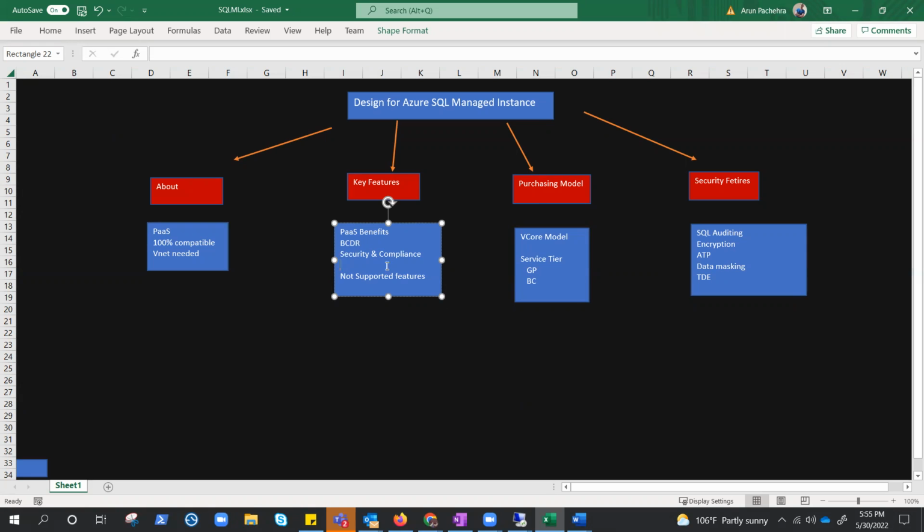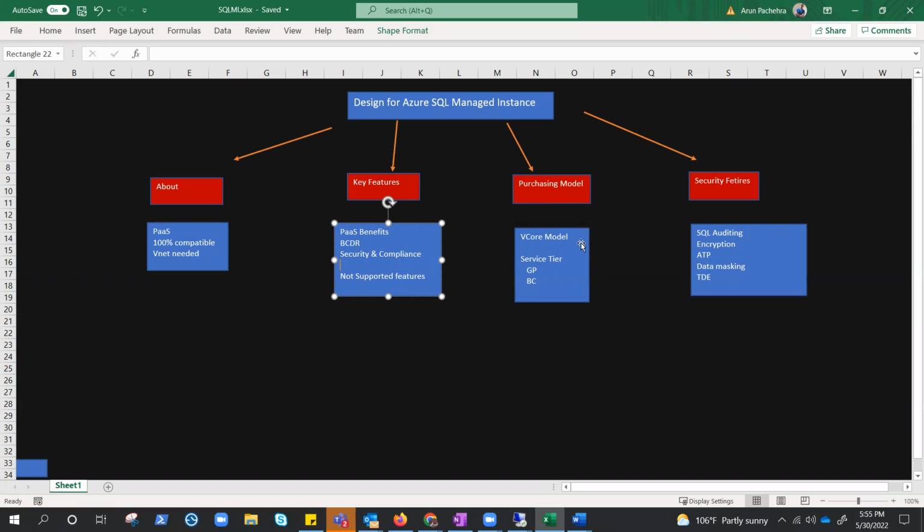For SSRS, you can have Power BI. SSAS is also not supported. For that we have Synapse in Azure. So if these are the services that you're using, then of course you need to think about distributing those services by utilizing other services in the cloud.